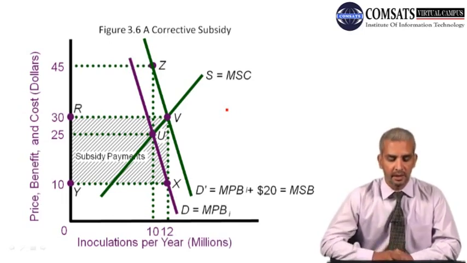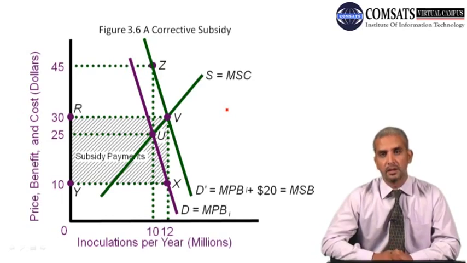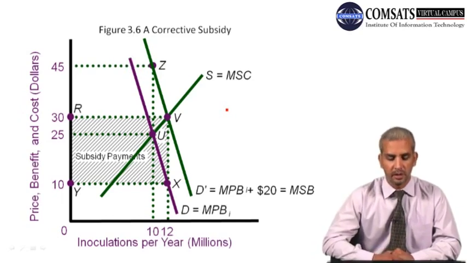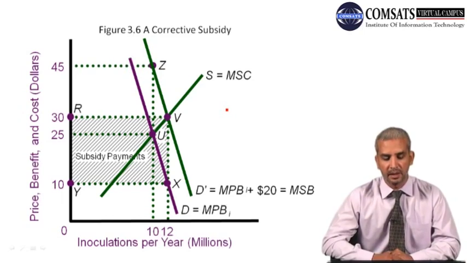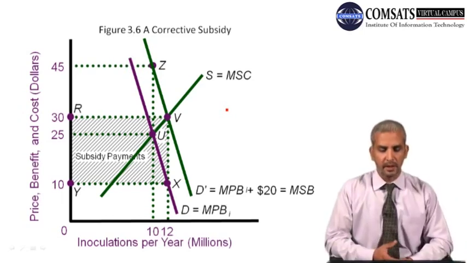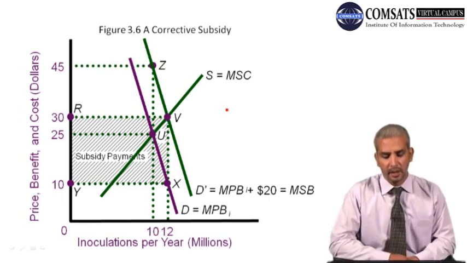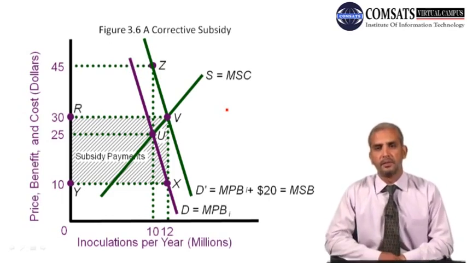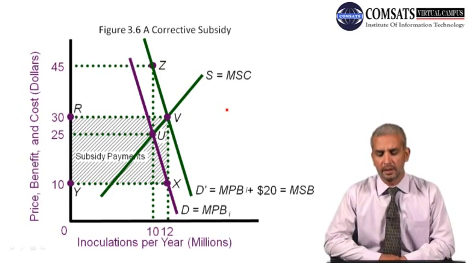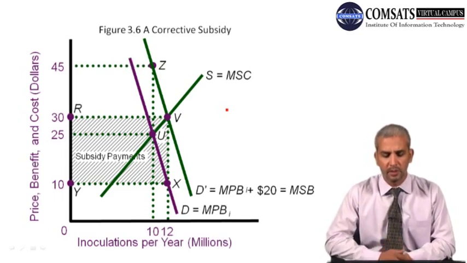Now at this price the government can, in order to increase the quantity being produced, subsidize the payments. The government can internalize this positive externality when the marginal private benefit is added with the marginal external benefit, which is assumed to be $20. The demand curve shifts to the right.